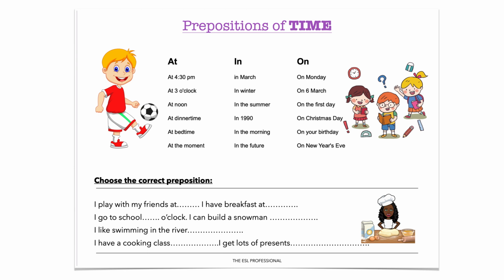The next sentence is I have breakfast at... What time? I have breakfast at 8 o'clock in the morning, correct. I go to school... o'clock. So what time? What time do you go to school?